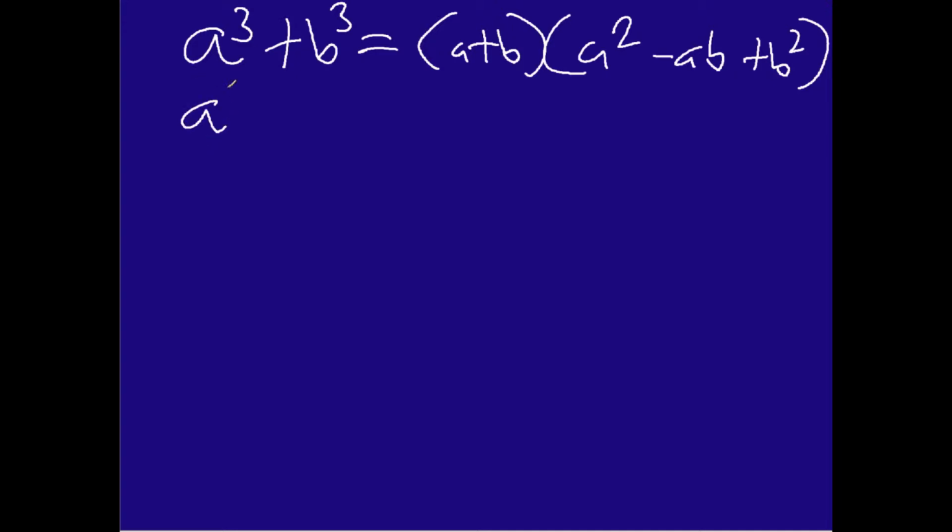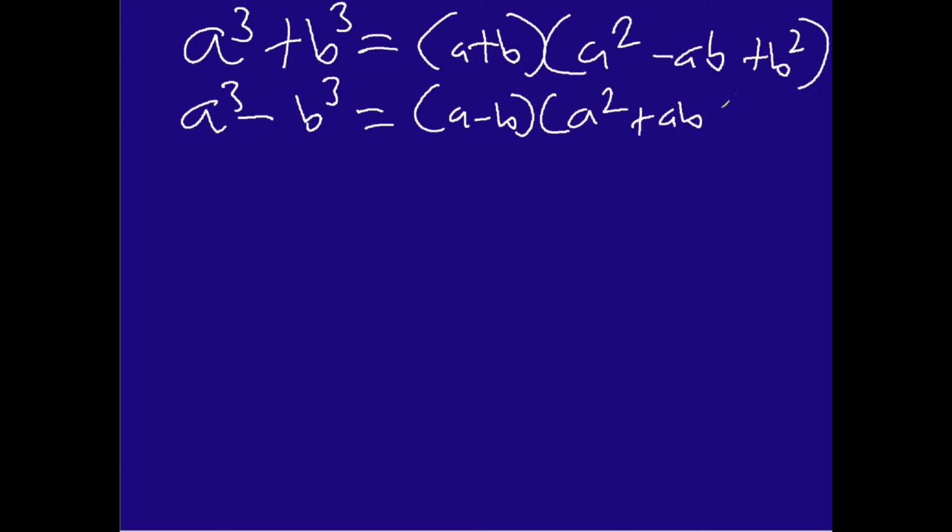Let me show you what that looks like. So a cubed minus b cubed will equal, this time, a minus b, and then you have a squared plus a times b plus b squared.